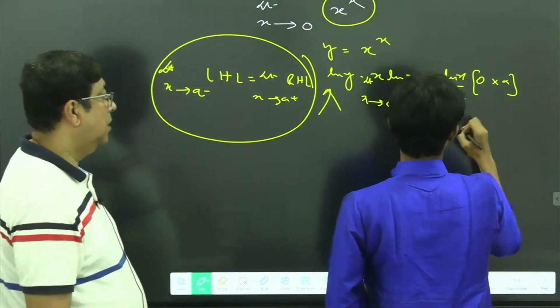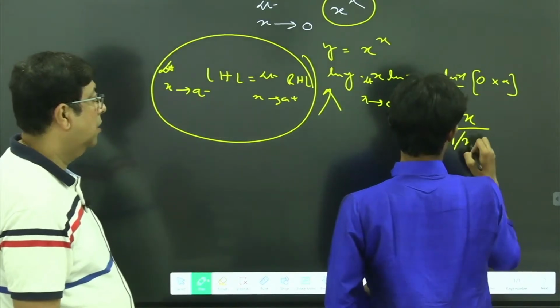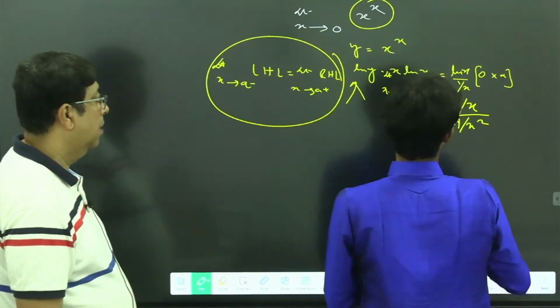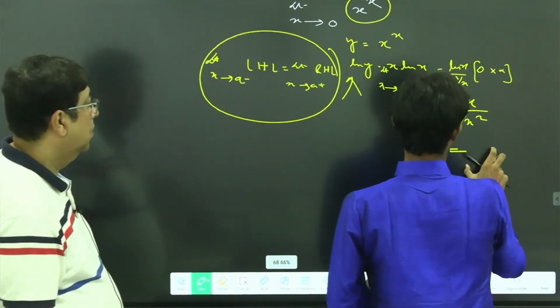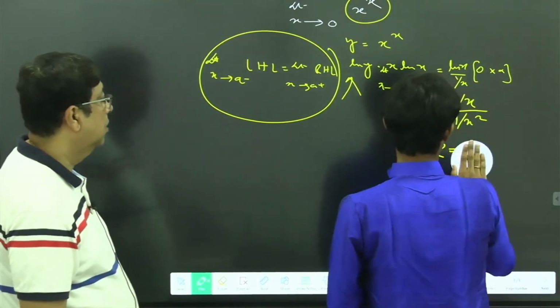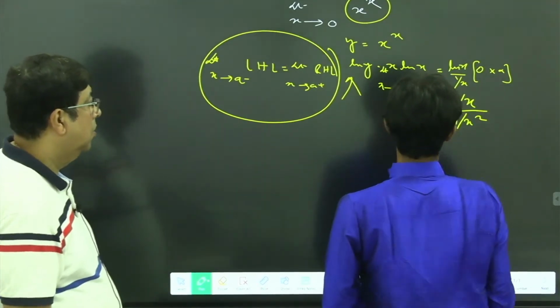The derivative of log x is 1 by x, and of 1 by x it is minus 1 by x square.